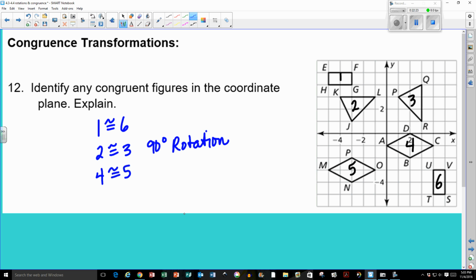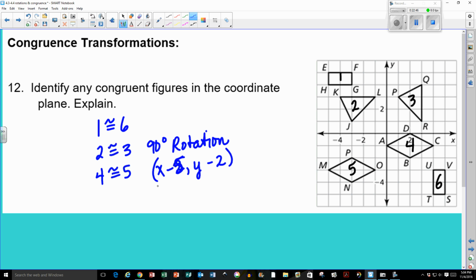I'm trying to read my notes. And then this one here, MNOP and ABC, is a translation. So this would be a translation of x minus 5 and y minus 2.